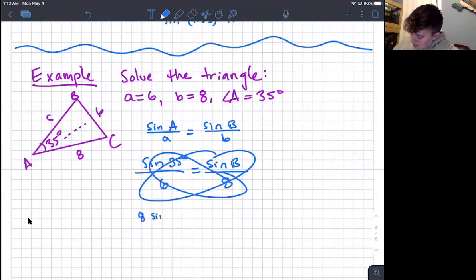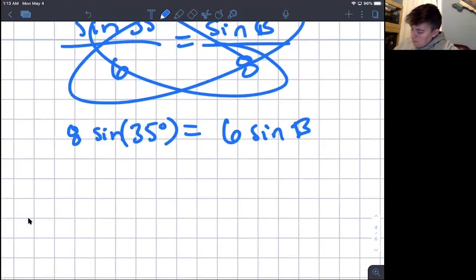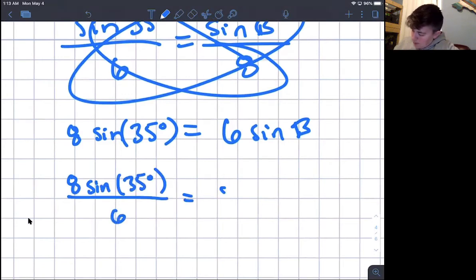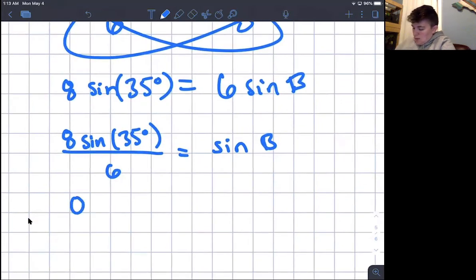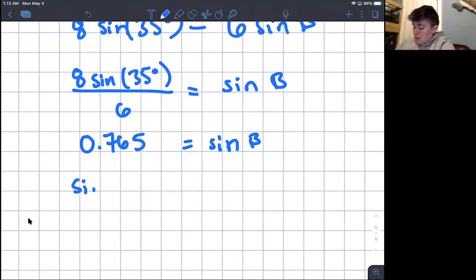So I have 8 times the sine of 35 degrees equals 6 times the sine of B. So 8 times the sine of 35 degrees divided by 6 equals the sine of B. Let's use our calculators. 8 times the sine of 35 divided by 6 equals 0.765, let's say that, equals the sine of B, which means I need to do the inverse of that to get to angle B, right?